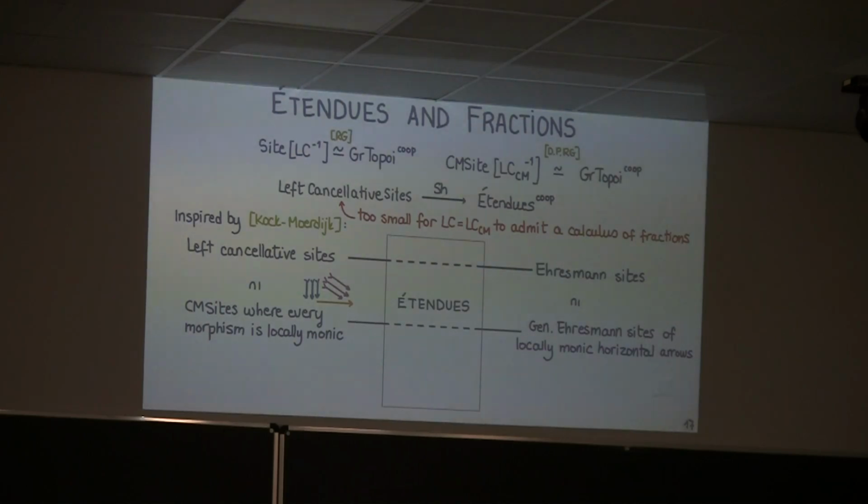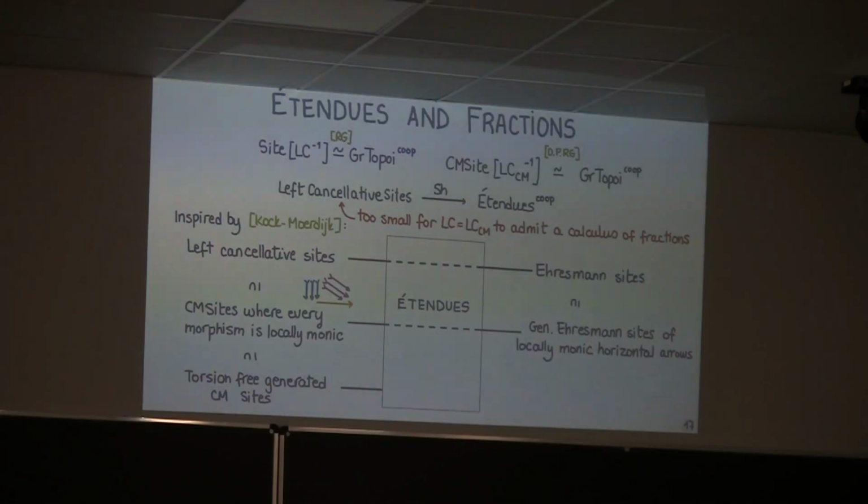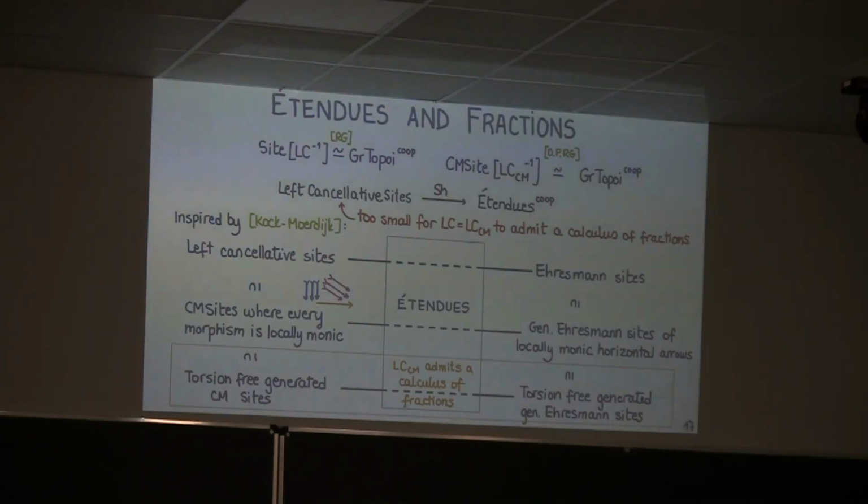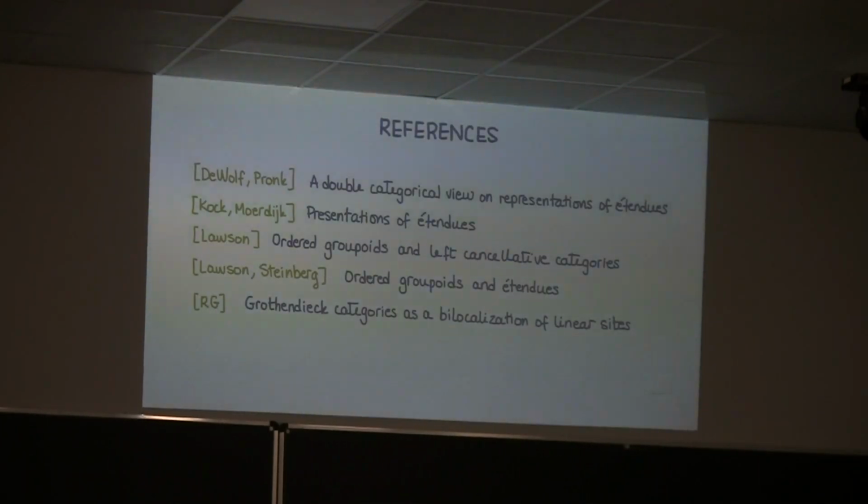We need another step, and this is torsion-free generated, meaning a torsion-free object is something such that every arrow landing on it will be locally monic. And torsion-free generated means that every object in my site is covered by torsion-free objects. And there's a correspondence on the other side, and these guys will admit the calculus of fractions that allows us to recover the two-category of continuums. And with that.